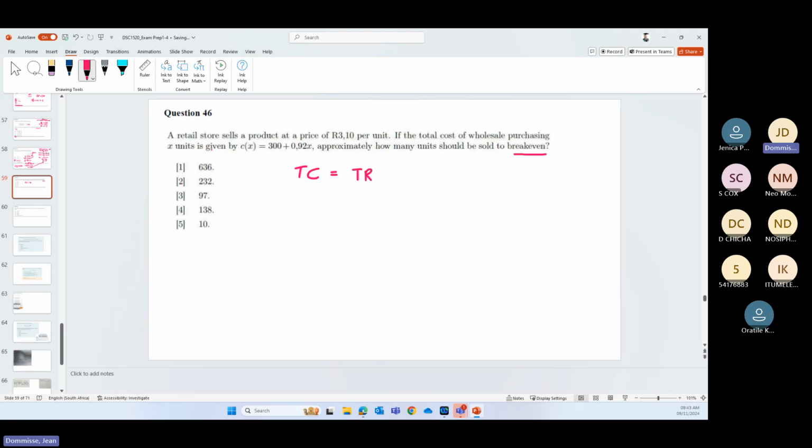So your total cost is equal to your total revenue. For me, I would have said, okay, they give us our total cost function. And then they tell us we will sell it for 3.1, so my total revenue will be 3.1 times x.